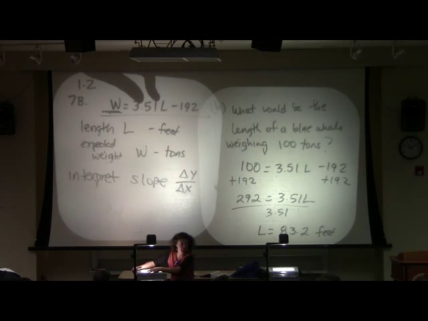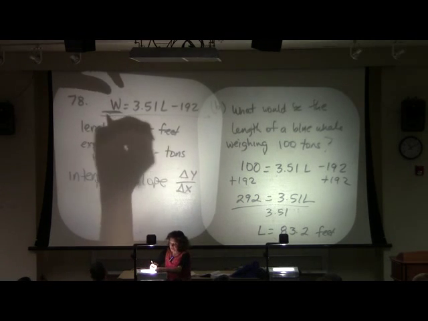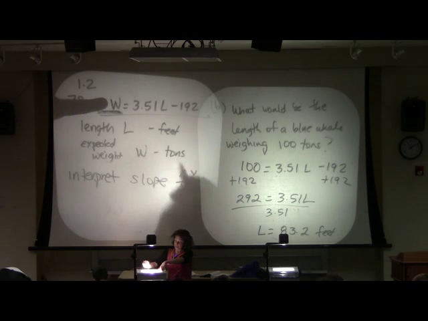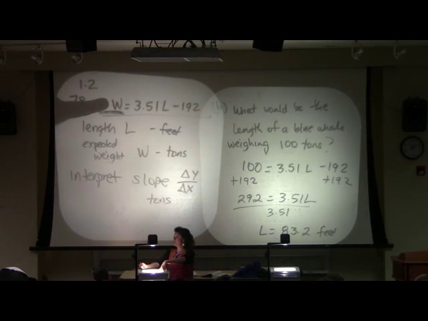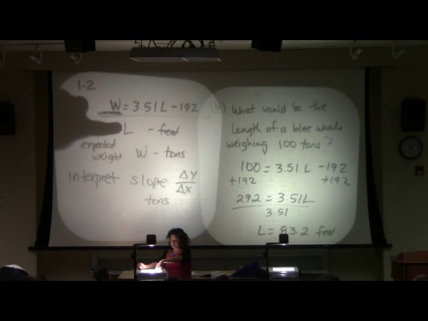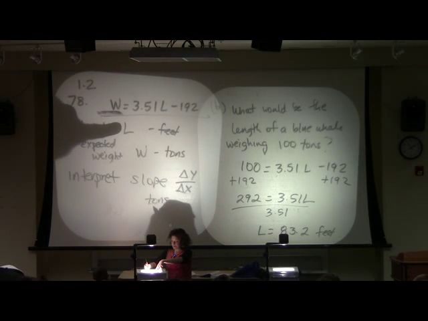And if this is the first time you've ever done something like this, don't stress about it. You'll get plenty of practice, okay? So, what are the units of my Y or W value? Tons. You agree? What are the units of my X value, aka my L?